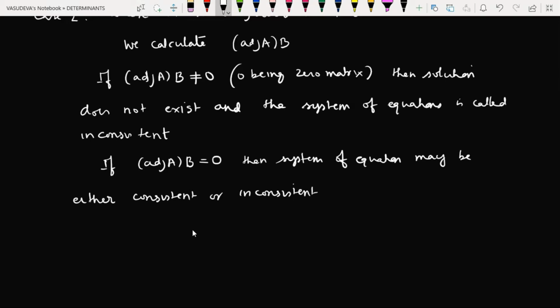If it is inconsistent, the system has no solution, that is, the solution does not exist.